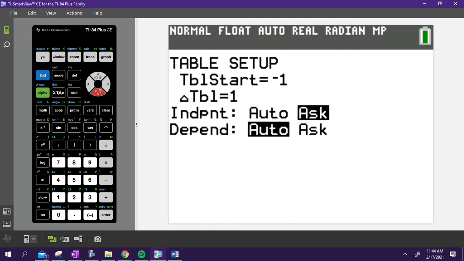What I want you to do is go down to independent. This is the independent variable, my x value. You want to turn that to ask. You only ever need to do that once, but it's pretty helpful later on as well. Everybody with me to there? Great, now let's go to a table. So hit the second button, and then the graph button up here in the top right-hand corner, that's going to get me to table. So second, and then the table button right there.